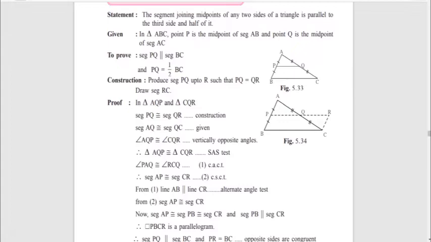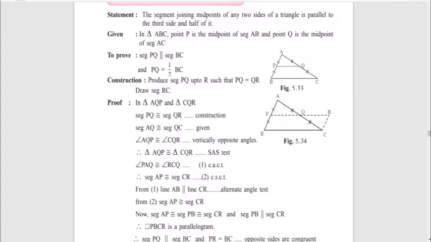So we have to prove segment PQ, the line segment joining the midpoints of side AB and side AC respectively, is parallel to the third side segment BC, and PQ is equal to half of the third side BC.